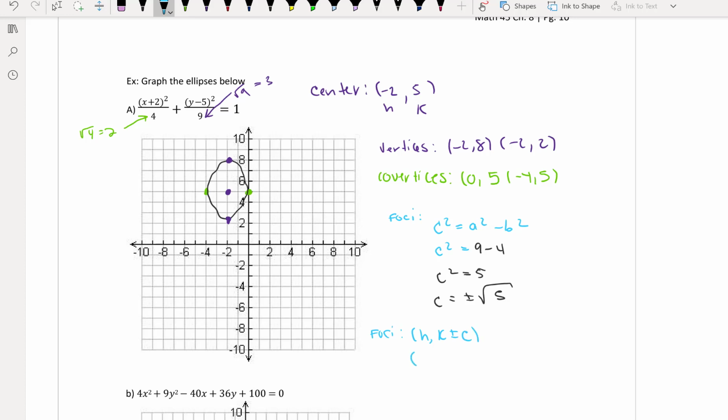So my h value here is -2, and my k value is 5 plus or minus the square root of 5. So I have it at -2, and I have a 5 point. So 5 plus or minus the square root of 5, so that's a little bit beyond 5. So -2 and a little bit above the 5.